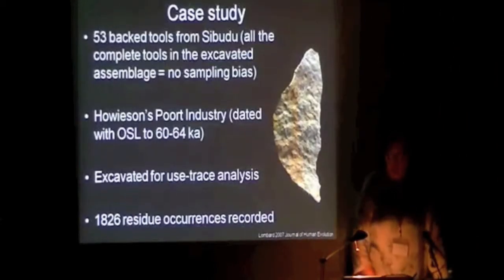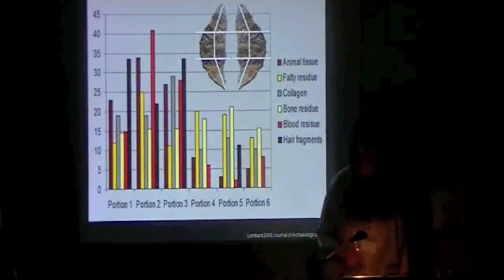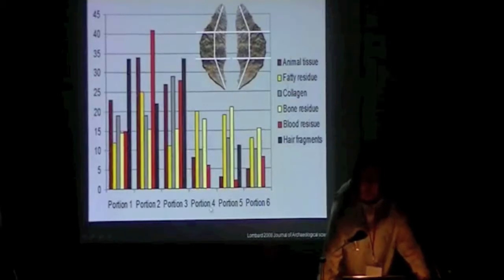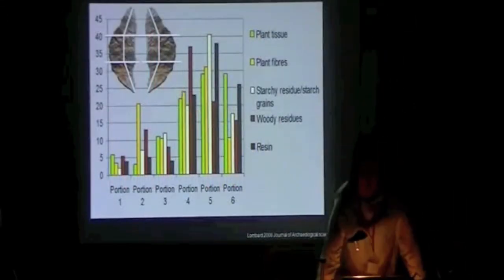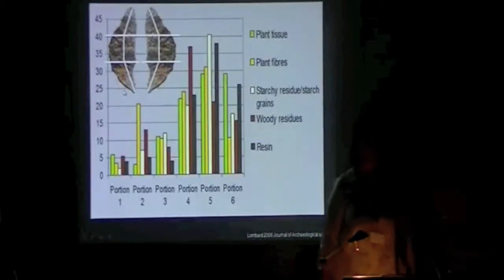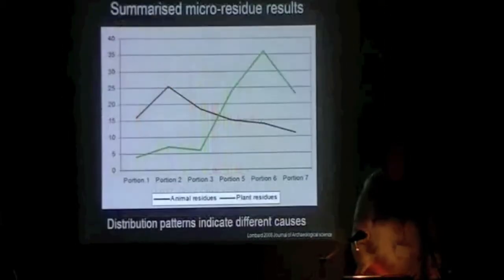On this sample I recorded 1,826 residue occurrences. Now that gives me the possibility to do this. So I can generate real data. These are the animal residues, and we can see high occurrences of animal residues on the bladed sides of this tool. And if I do the same with plant residues, I can see that plant residues are concentrated along the backed edges of my whole sample of 53 tools.